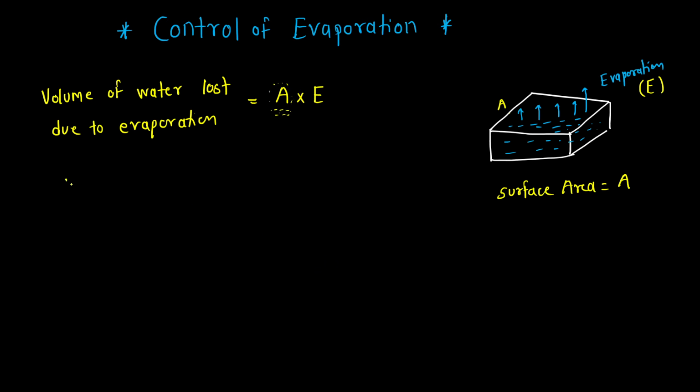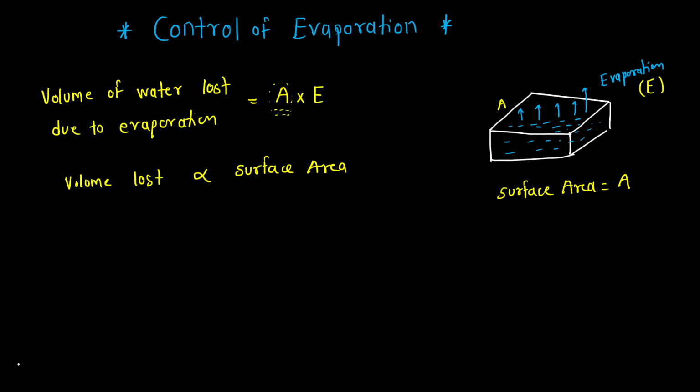So volume lost is proportional to surface area. Correct? So if we reduce this surface area, then there will be a reduction in the volume of water which is lost.